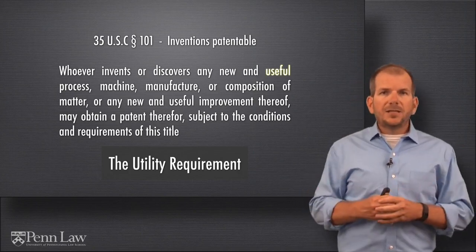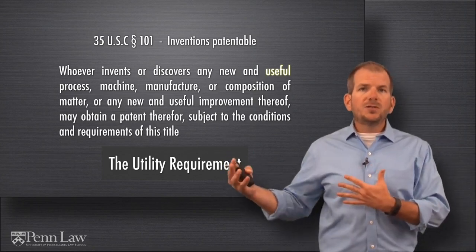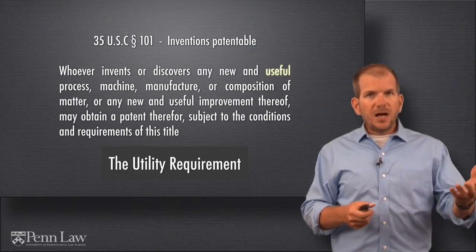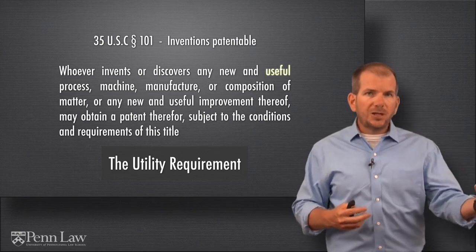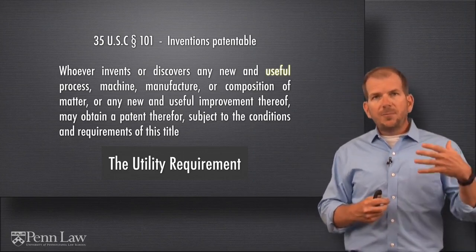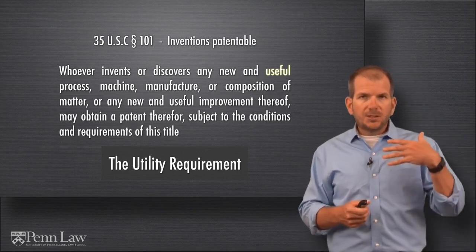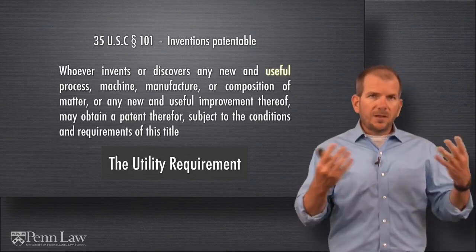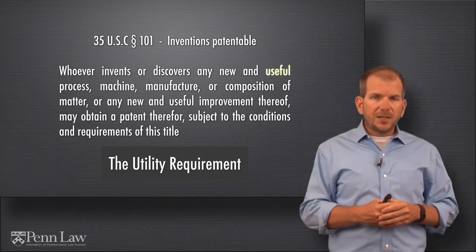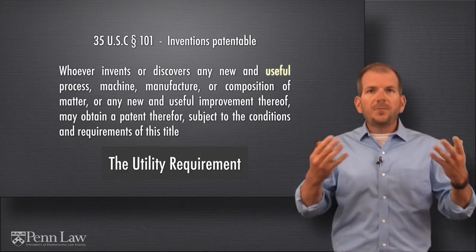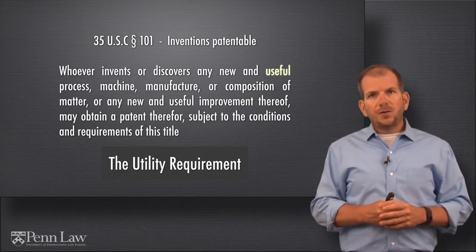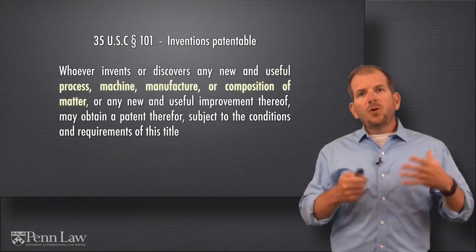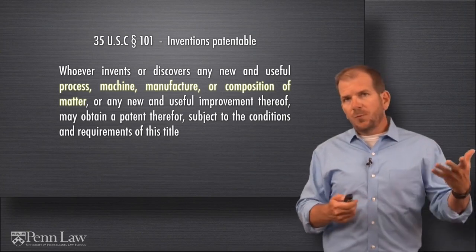Basically, the patentee has to assert some real-world use for his or her invention in order to get a patent. There's not a lot of testing, no confirmation of that by the Patent Office. You can't make an implausible claim of utility, such as for a perpetual motion machine or something that defies basic elements of physics. But other than that, you can really claim any use you want for your invention and overcome the utility requirement.